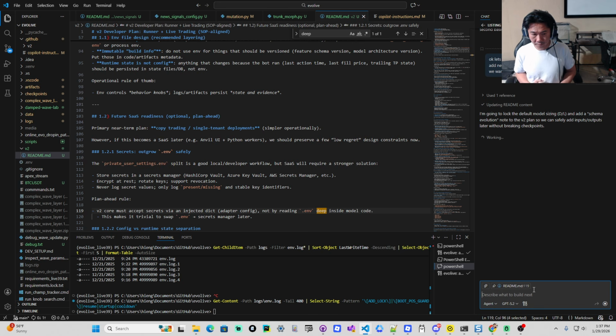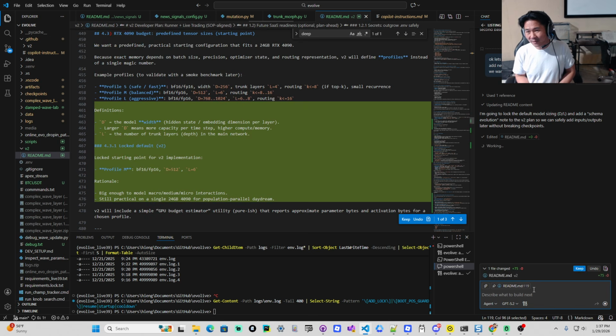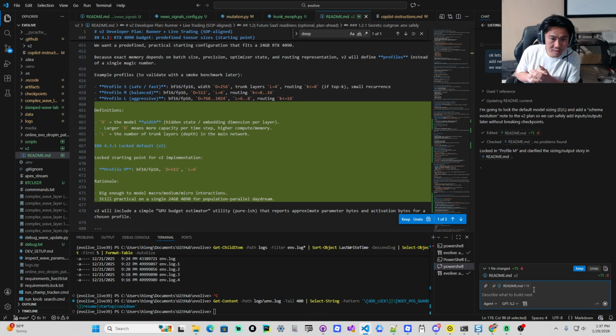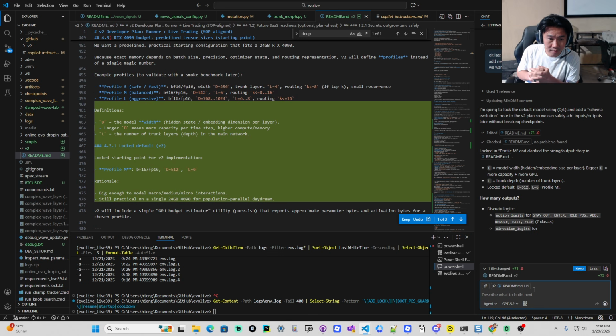Alright, let's see what it says. It's like, yeah, this crazy guy's got crazy ideas. See if we can make this work. Model with hidden state embedding dimensions per layer. Larger D means more capacity per time step, higher compute and memory. Depth is the main number.